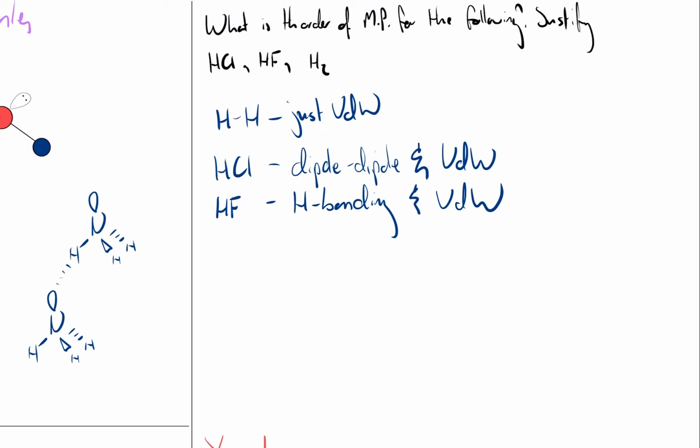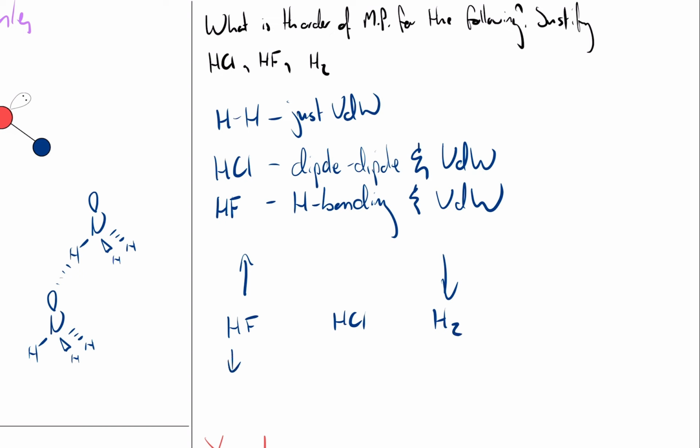So hopefully there, the highest to lowest, we're going to have HF as the highest. We're going to have HCl in the middle, and we're going to have H2, sorry, as the lowest.